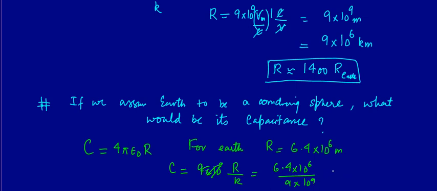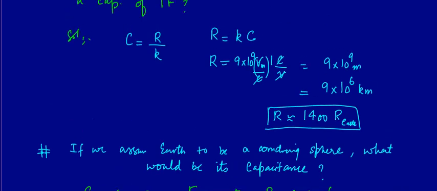If you solve this, you will get approximately 711 into 10 to the power of minus 6 farads, which is 711 microfarads. See, such a large spherical conductor such as that of the Earth only has a capacitance of 711 microfarads.